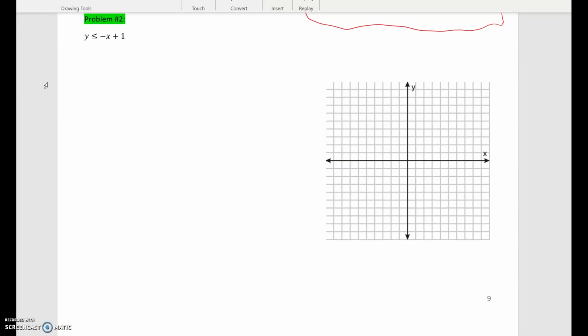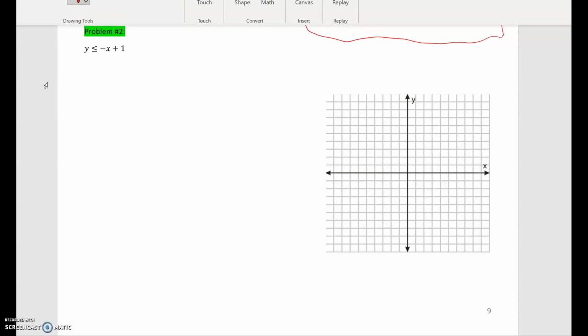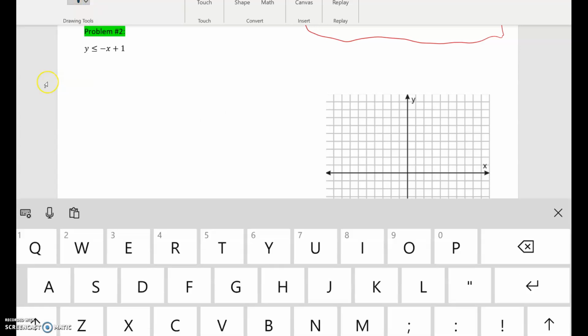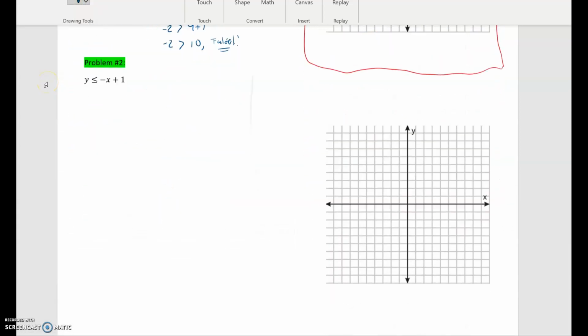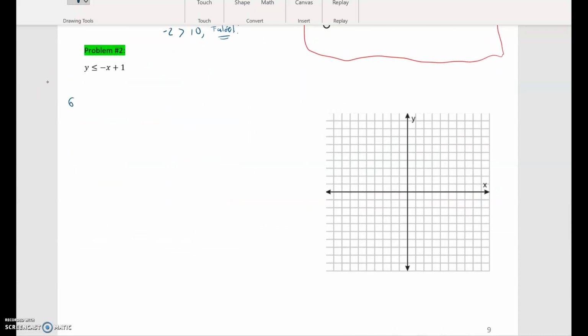So for problem 2, we're actually going to graph y is equal to negative x plus 1 with a y-intercept of 0, 1, and your slope is negative 1 over 1.